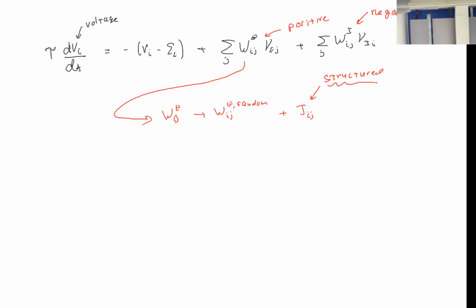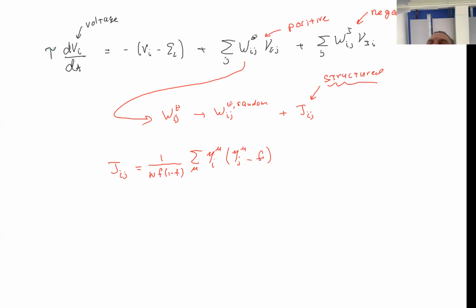So J_ij is 1 over n times 1 over f(1 minus f) times the sum over mu of (eta_i^mu minus f)(eta_j^mu minus f).